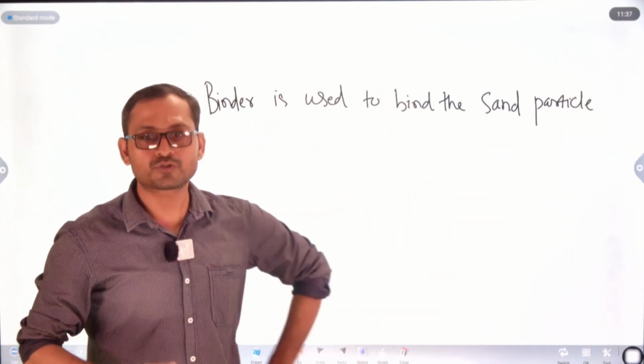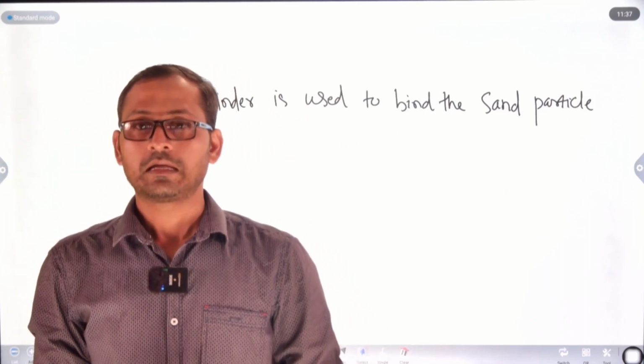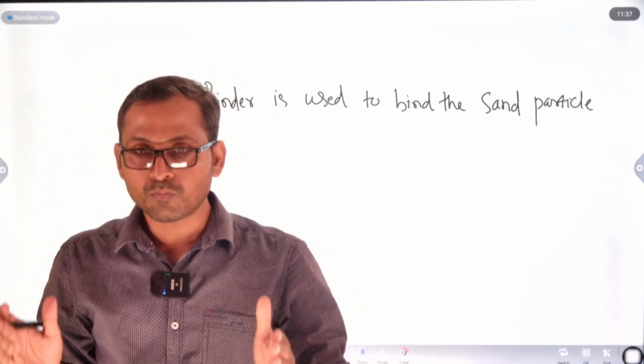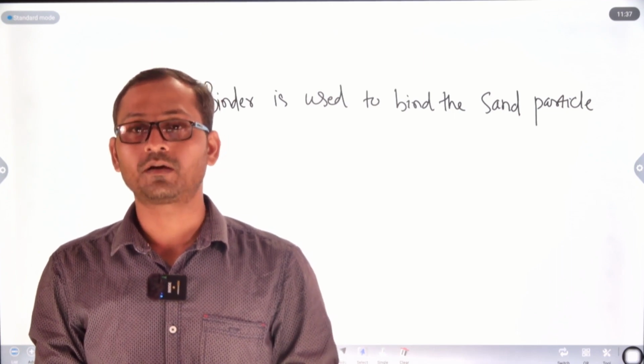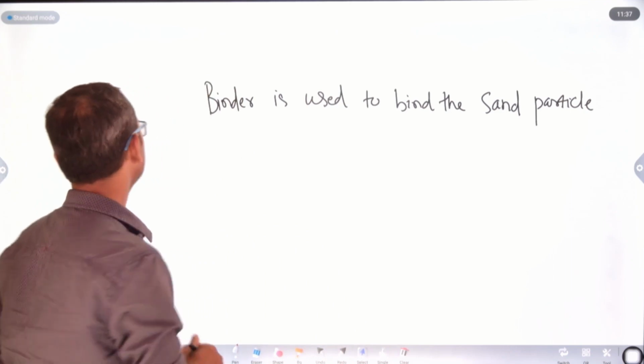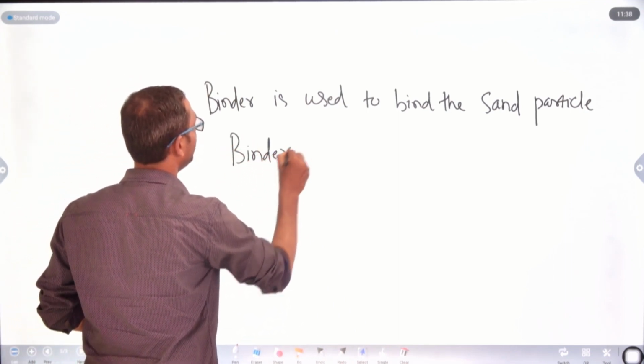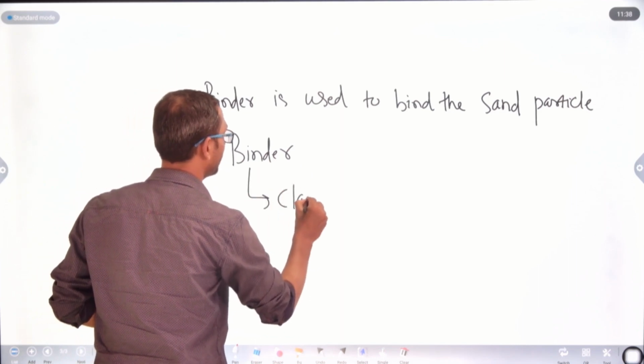What are the binders we use? For creating a molding sand, we use clay as the binder. Under binder, I can write: we use clay.